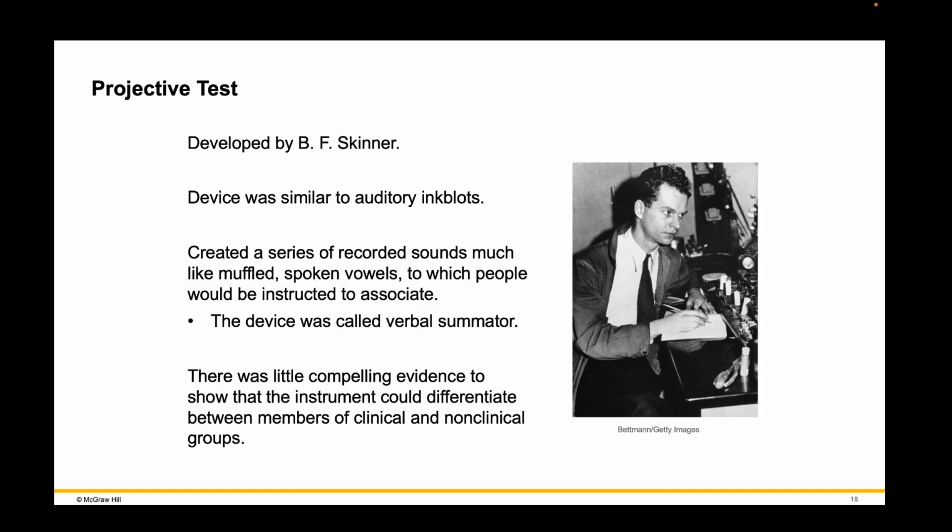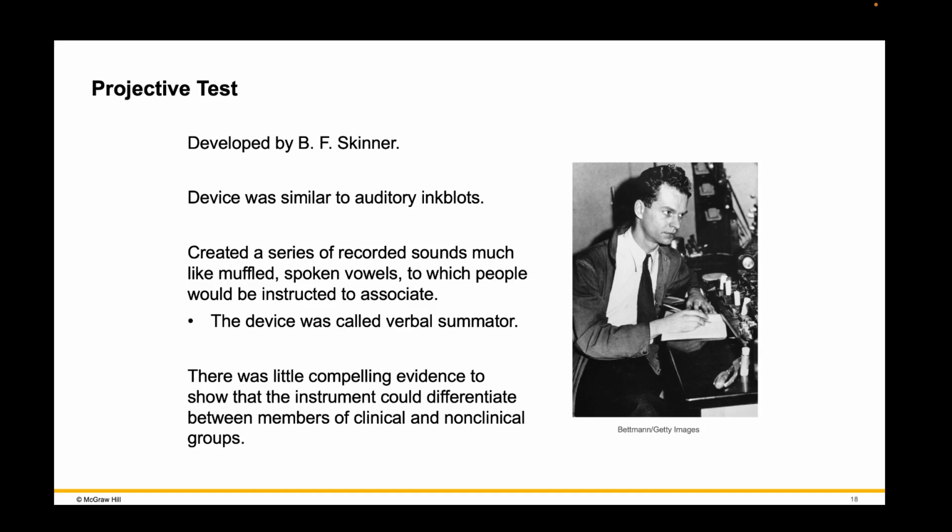So, he created a series of recorded sounds with much like muffled spoken vowels to which people would be instructed to associate. So, the device was called verbal summator. Siguro may maririnig kang mga, like for example, kumbaga sa music, mga remix.